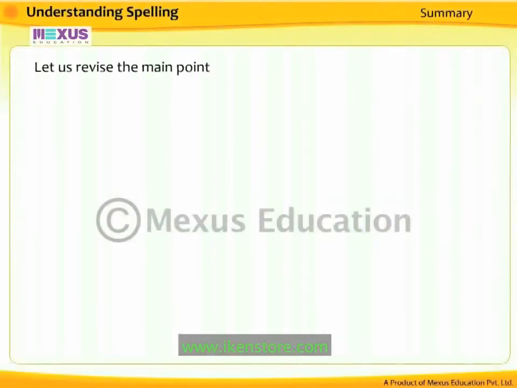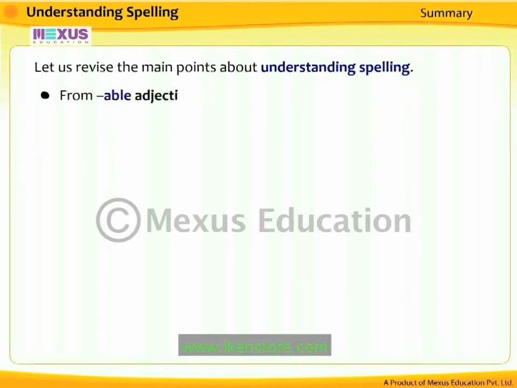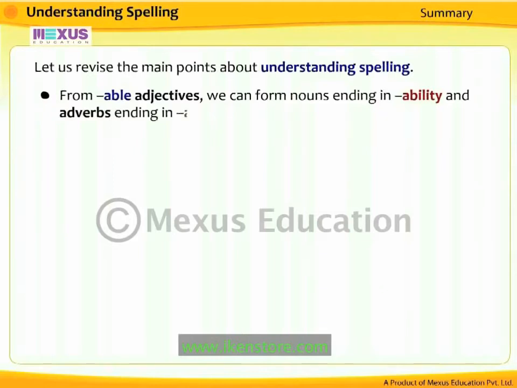Let us revise the main points before Kevin continues writing his composition. From ABLE adjectives, we can form nouns ending in ABILITY and adverbs ending in ABLY.